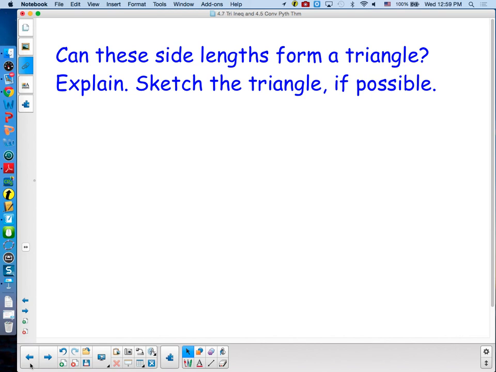Your quiz is basically on Pythagorean theorem, Pythagorean triples, and distance formula. What was a Pythagorean triple? A squared plus B squared equals C squared.